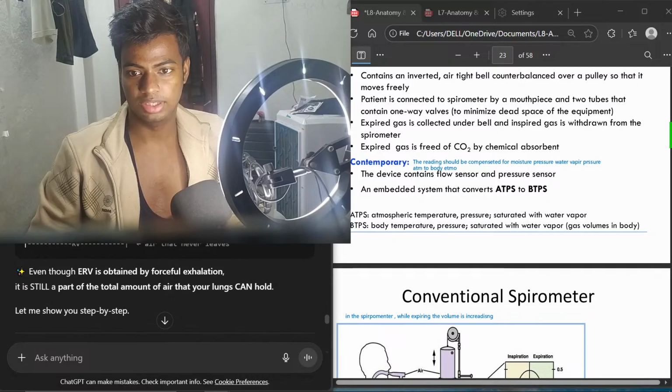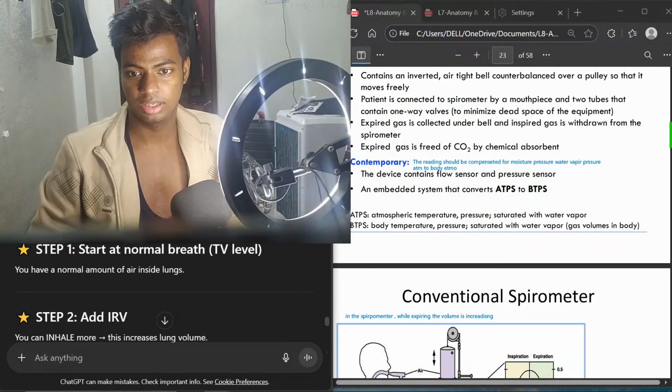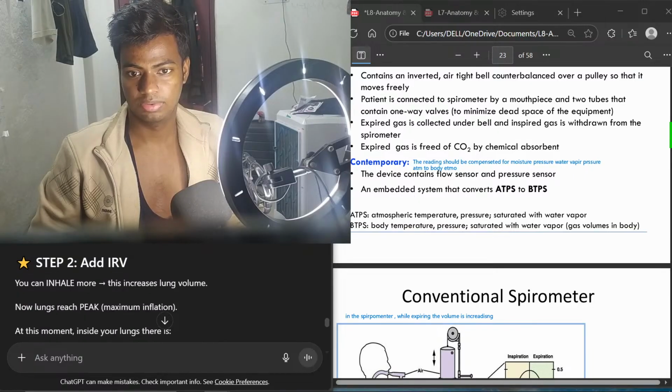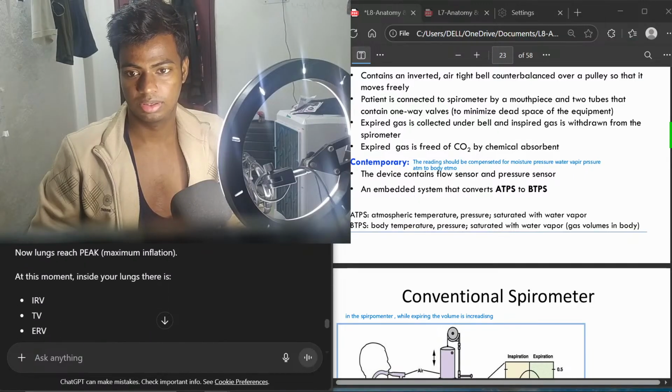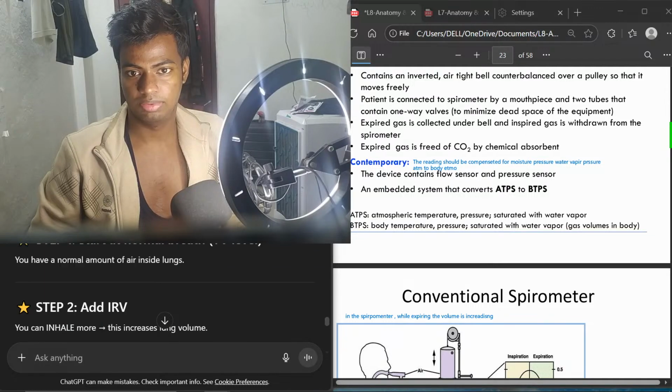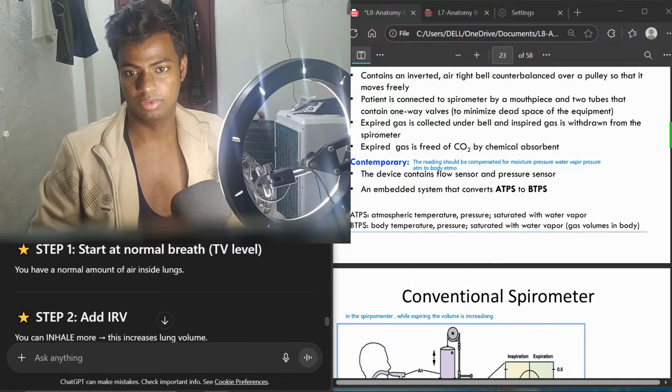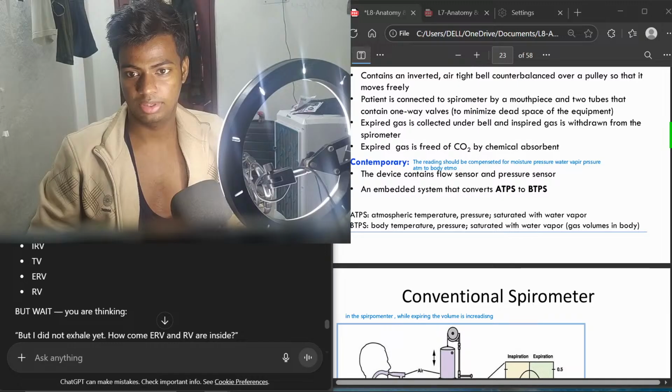Here is the RV, residual volume, the extra air in the lungs, and the normal breathing air, TV. Tidal volume, first residual volume, then TV, then add IRV.